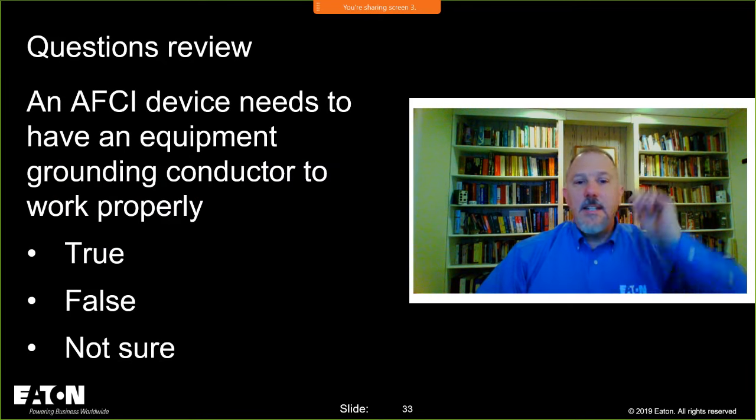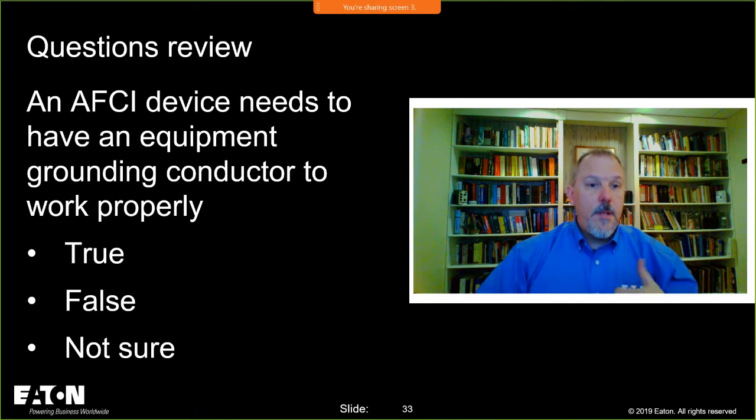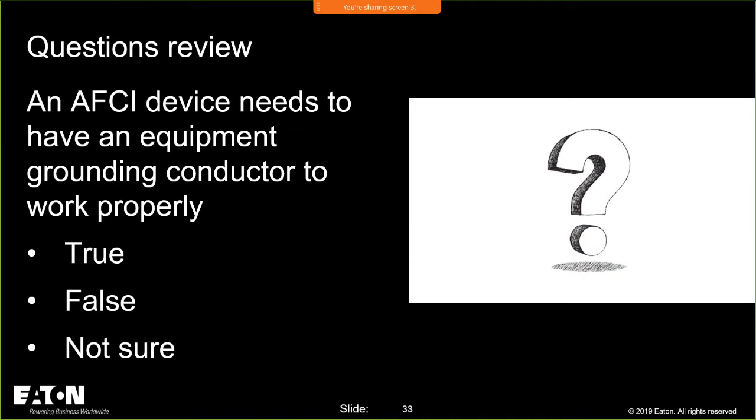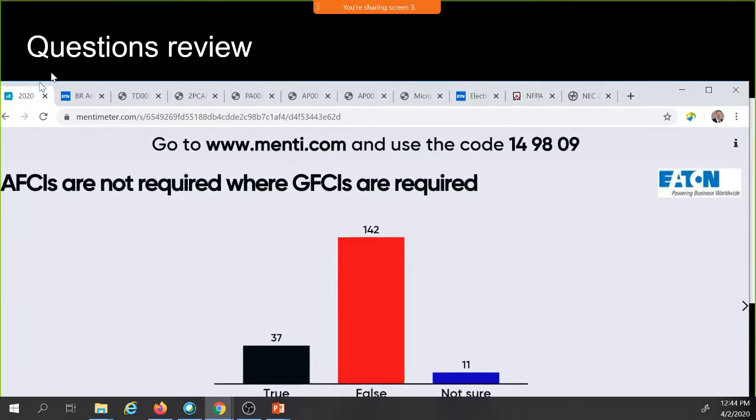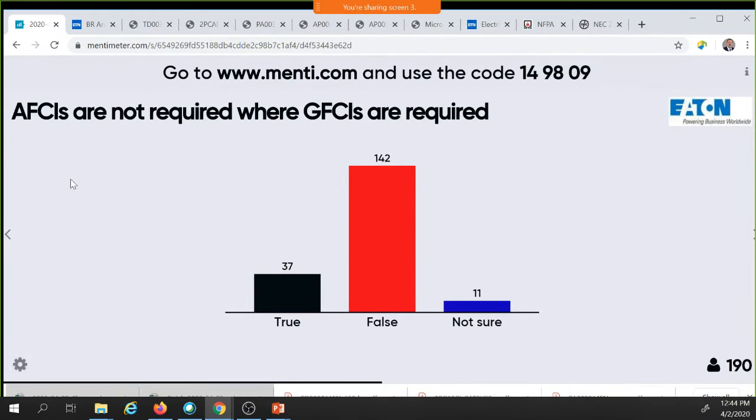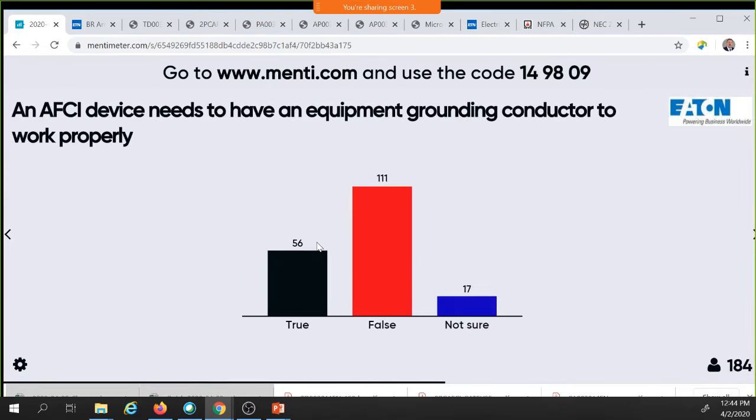An AFCI device needs to have an equipment grounding conductor to work properly. Let's take a look at the survey results on this one. 185 respondents now.